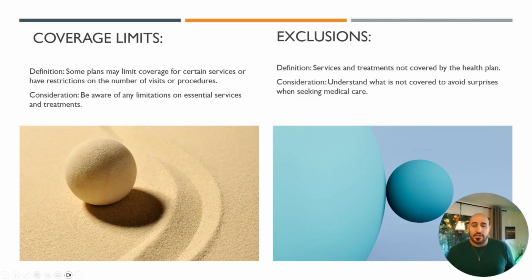So, for example, most health plans do not cover hearing aids at all, right? They might say, "We'll do the hearing test, but we would not cover any part of the hearing aids."